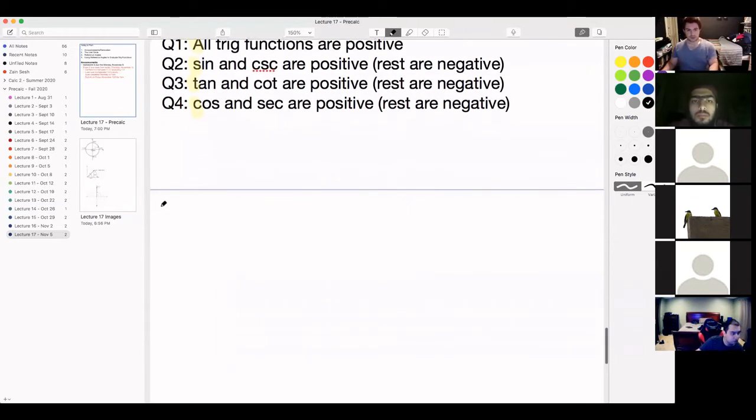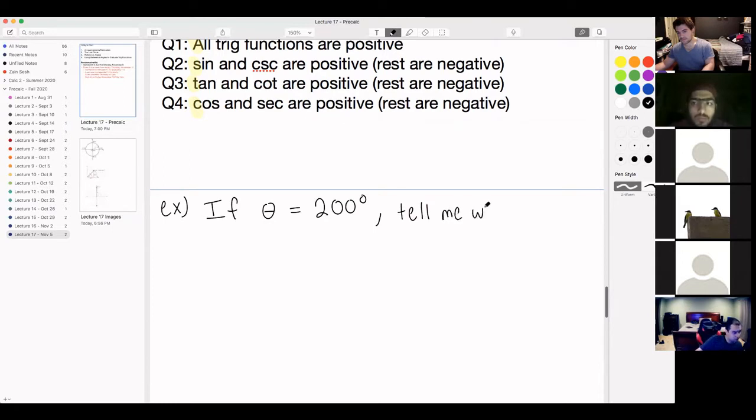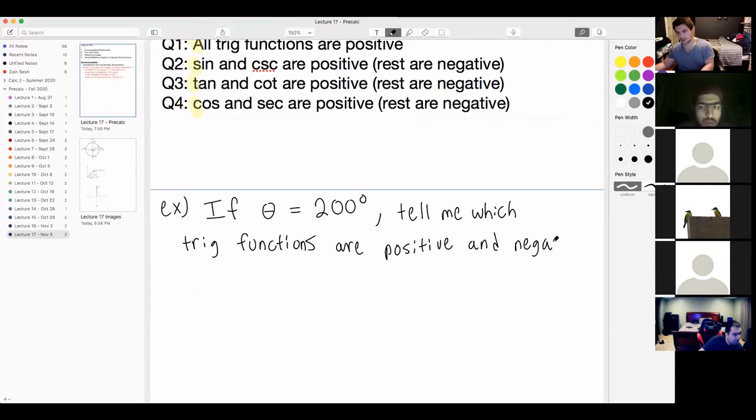Okay, so here's an example. If theta is equal to 200 degrees, tell me which trig functions are positive and negative.